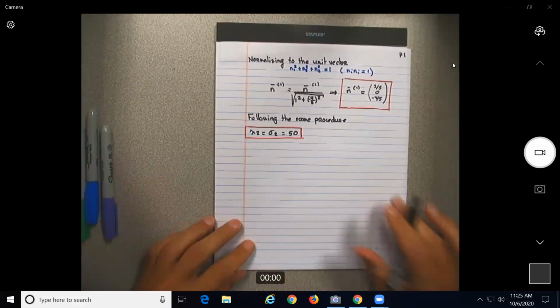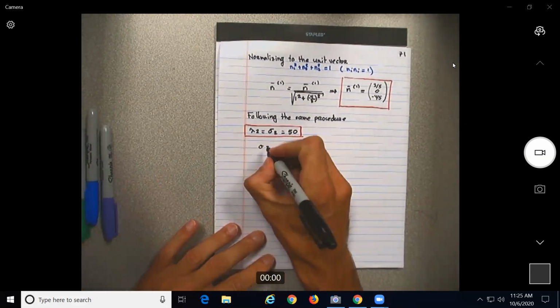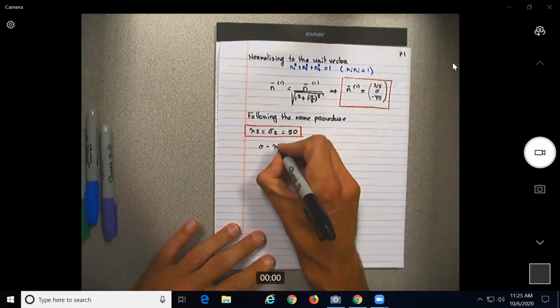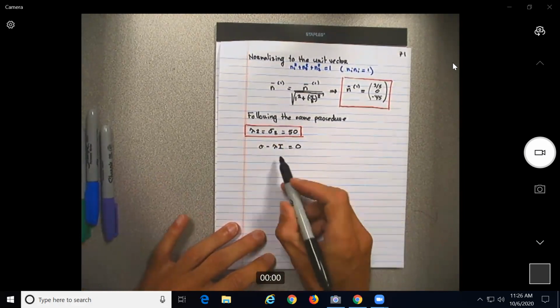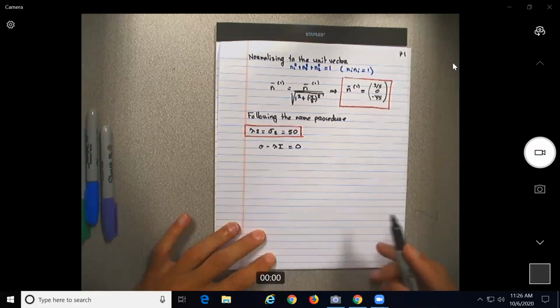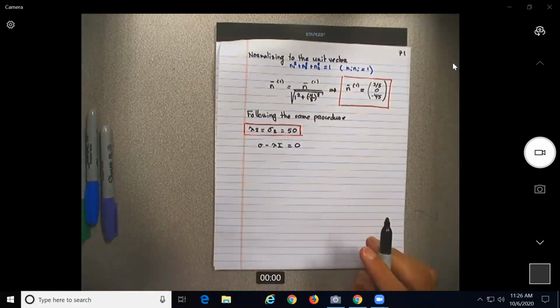So for this one, we do the construction of sigma minus lambda I, where I is an identity matrix, which just means that you're going to put this value, the lambda, into the diagonal of the matrix. That's all it means.